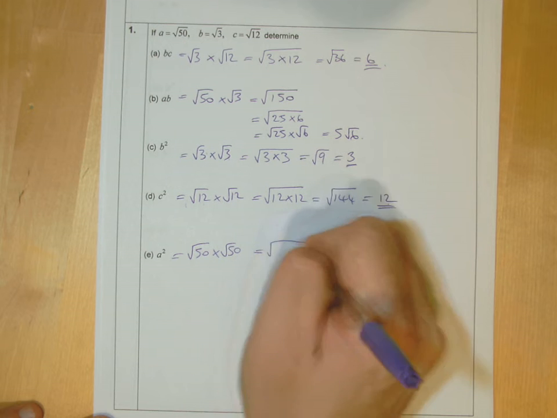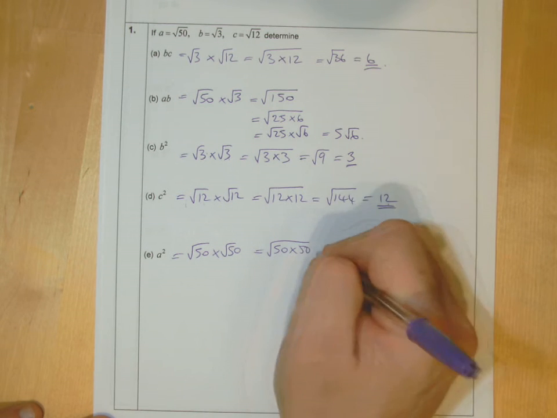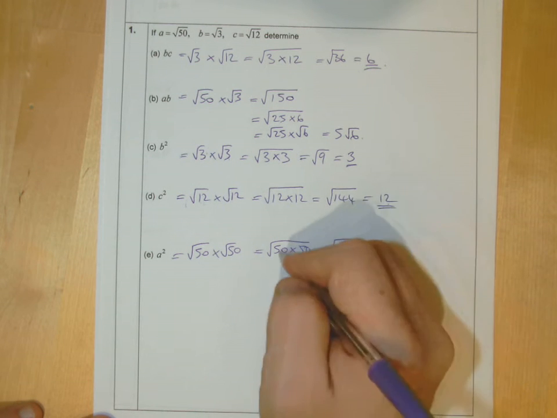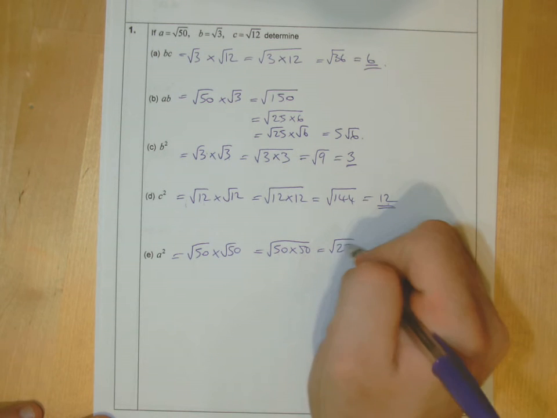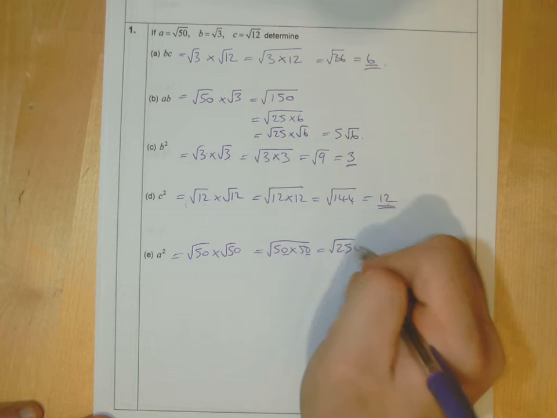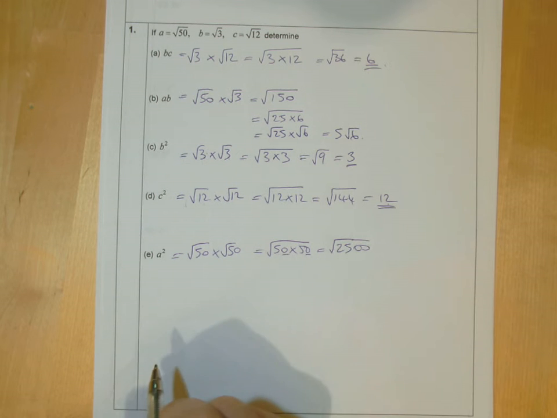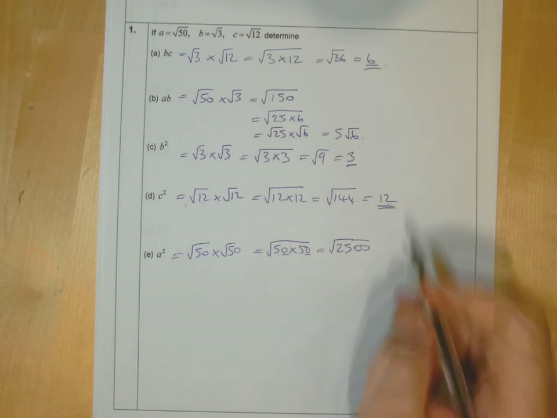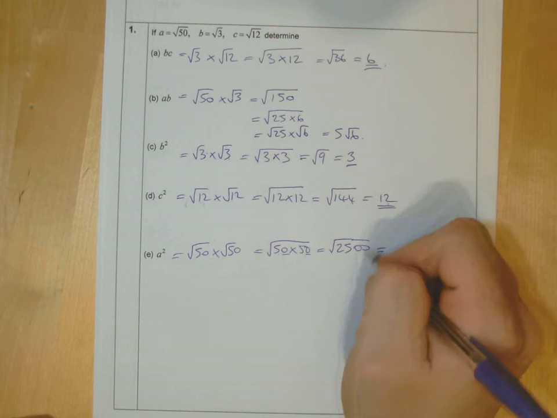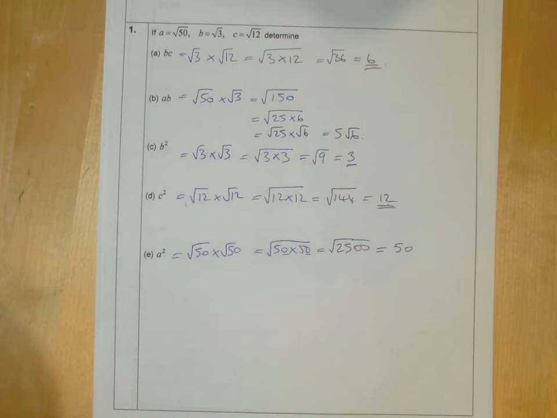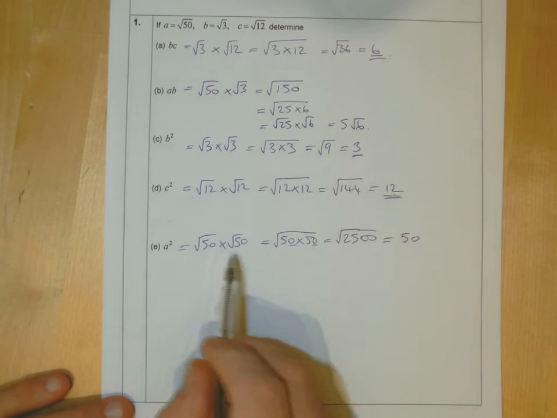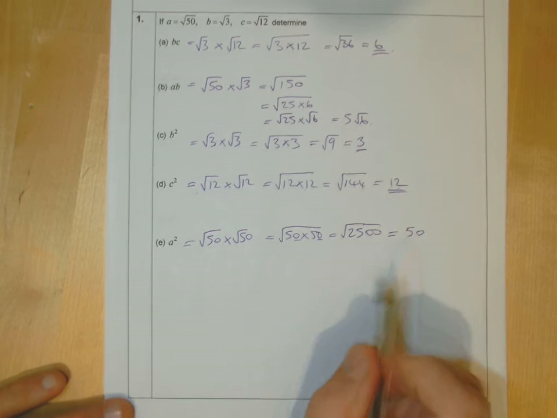Now if I multiply these together, 5 times 5 is 25, and add the 2 zeros, so you'd have to square root 2,500 without a calculator. That's quite hard to do, but using the logic we've seen already, of course it's going to be 50. And that's always the case. When you multiply a square root by itself, you end up with the number in there.